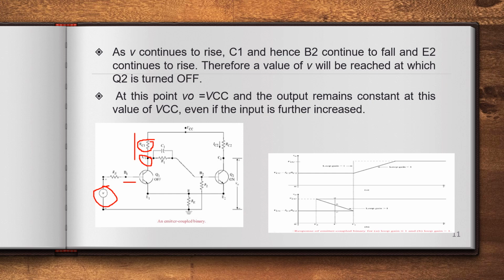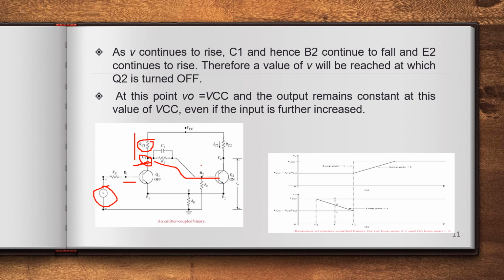If you apply KVL in the output loop, the potential at C1 is given by VCC minus IC1 RC1. The potential at C1 decreases, and this decrease in potential is coupled to the base of transistor Q2.